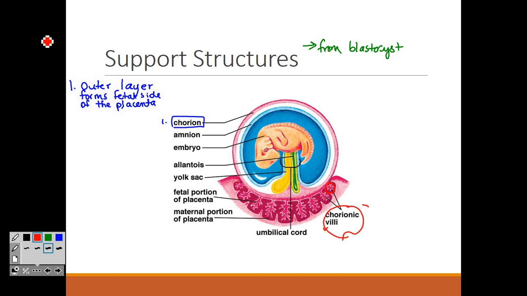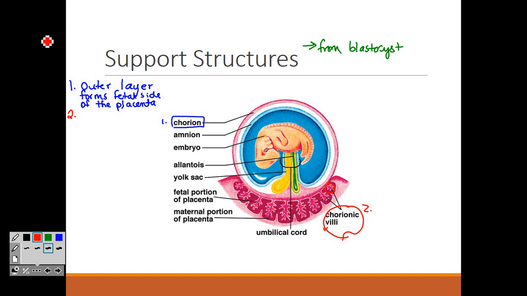So down here, we'll call this number 2, the chorionic villi. Now, hopefully you're like, hey, I've heard the word villi before. Where did I hear that? My digestive system. I have villi in my intestines. And the point of the villi in your intestines is to give you a large surface area so that you can absorb all of the digestive food that's moving through your intestines.